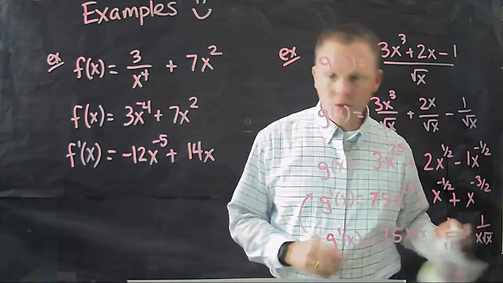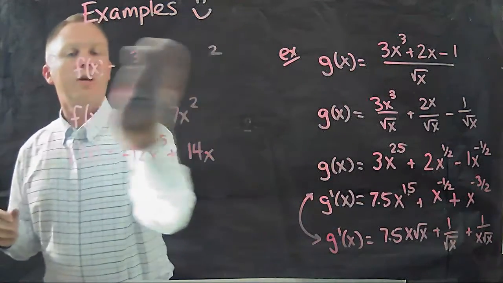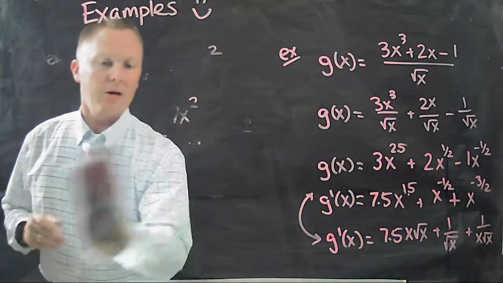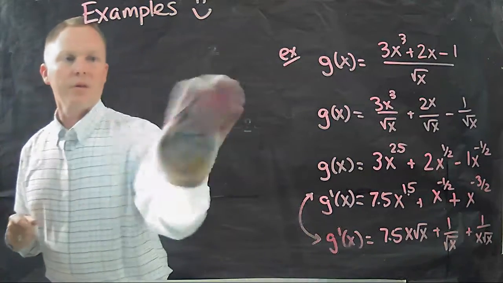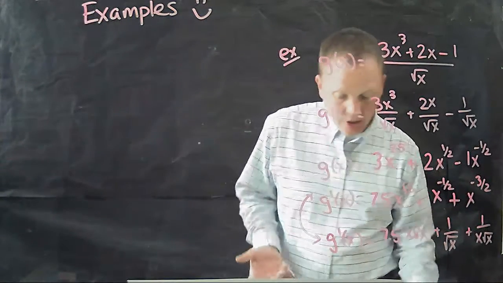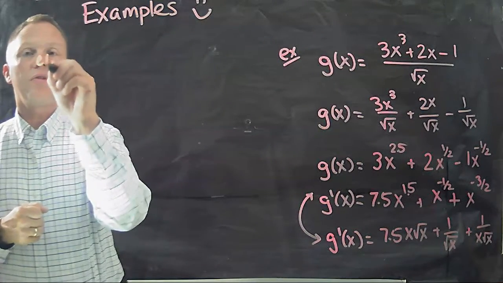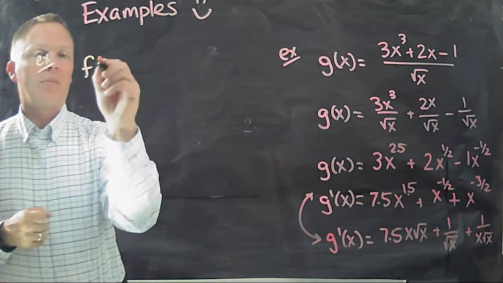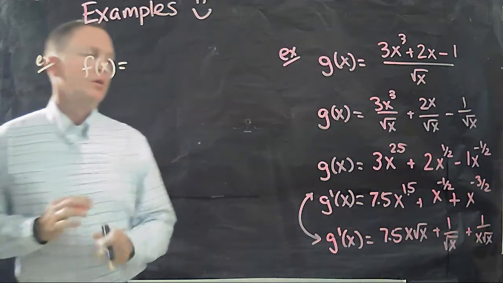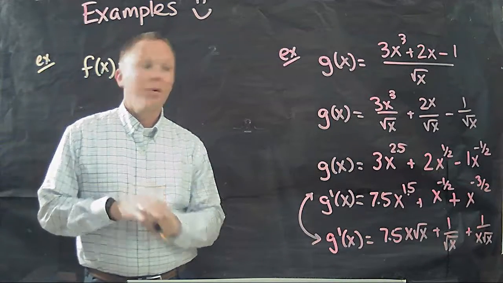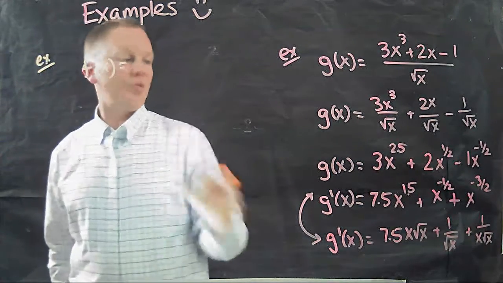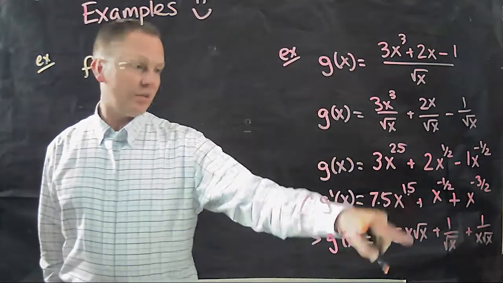Let's do one more so you can kind of see. I mean, right now our choices are somewhat limited in terms of the types of functions that we can take the derivative of. Well, I'll give you a perfect example of where it helps to understand this idea.